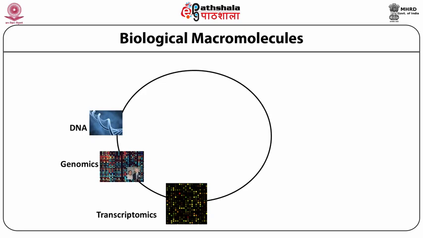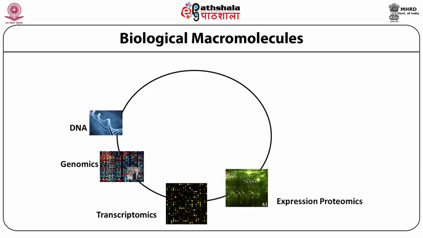The onus then came on understanding the expression of proteins, which are the effector molecules of the genome. Expression proteomics is all about understanding the differential expression of proteins in various clinical settings and understanding them in a perspective as to help know the disease ailment better.